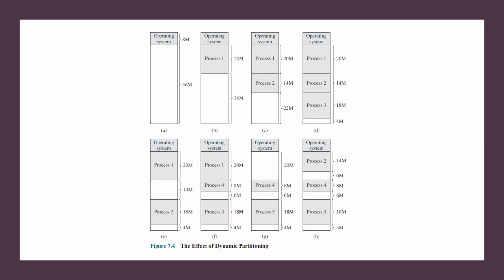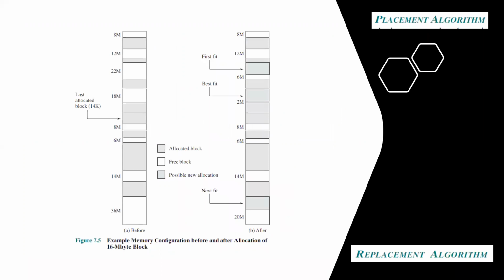The difficulty with compaction is that it is a time-consuming procedure and wasteful of processor time. Note that compaction implies the need for a dynamic relocation capability. That is, it must be possible to move a program from one region to another in main memory without invalidating the memory references in the program.